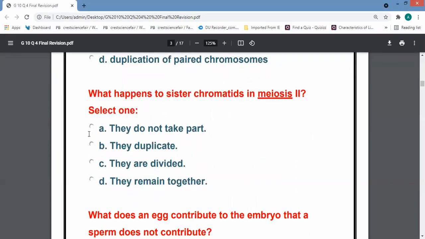What happens to the sister chromatids in meiosis 2? What happens to sister chromatids in meiosis II? Yusuf Nasser.